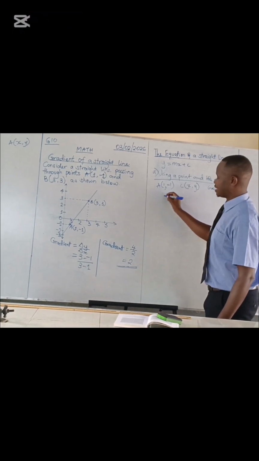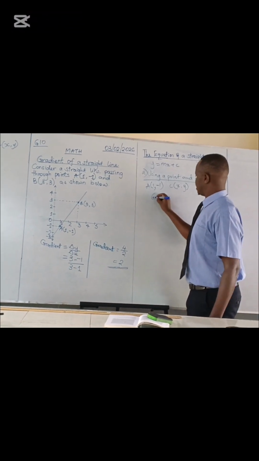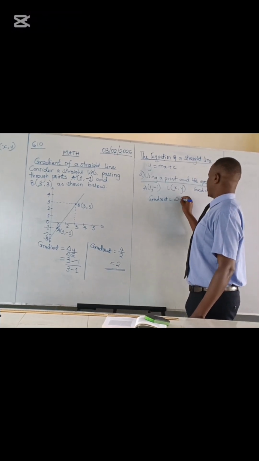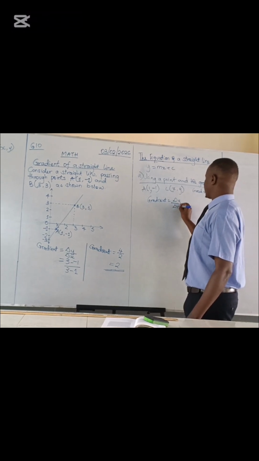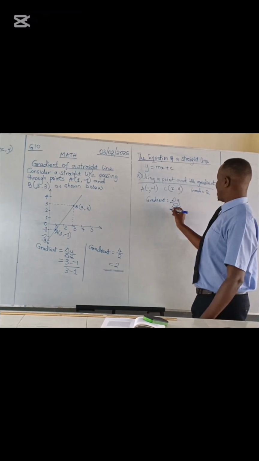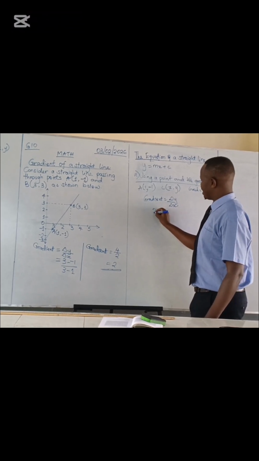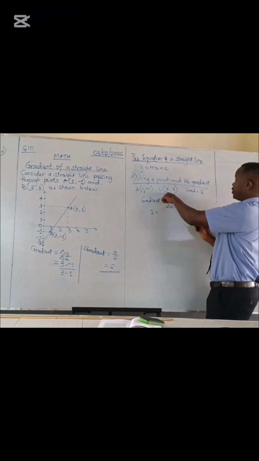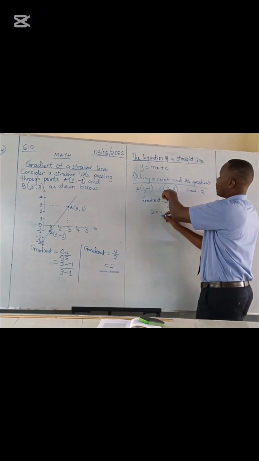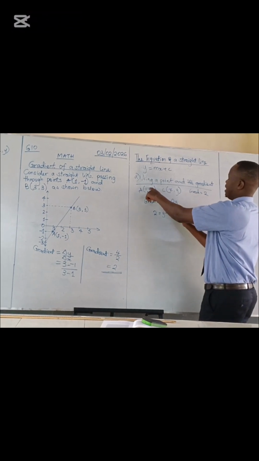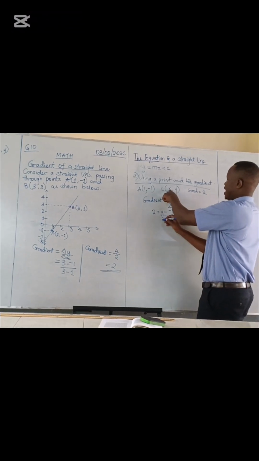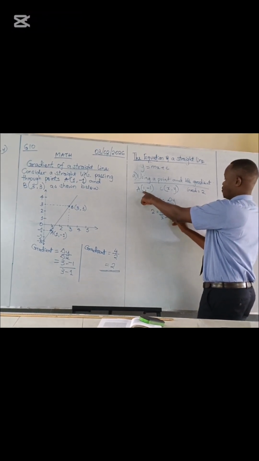We just say that gradient is equal to change in y over change in x. And so the gradient here is 2, and change in y, if this is my final point, then I'm going to pick y minus -1. And change in x, I'm going to pick x minus 1.